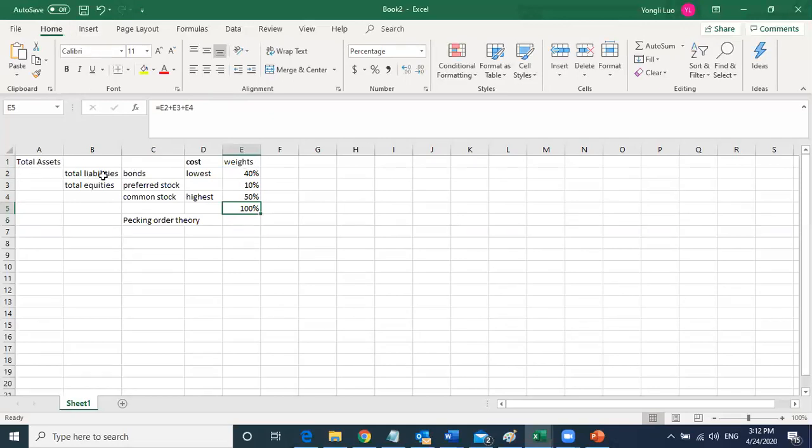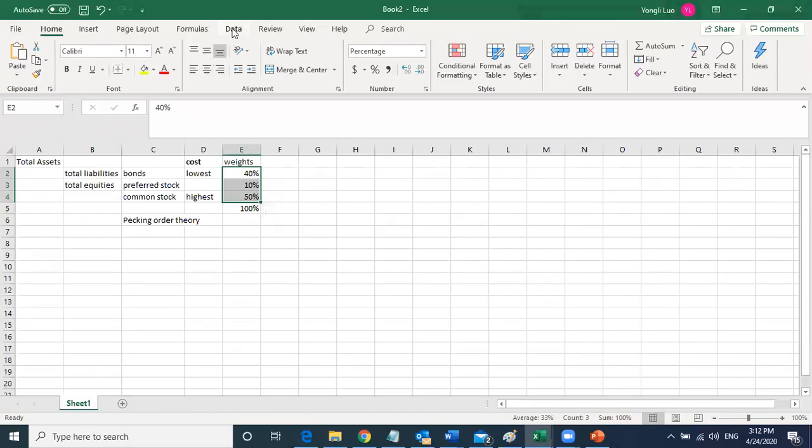So basically, your total asset is composed of these three different components. Each component is part of your financing.